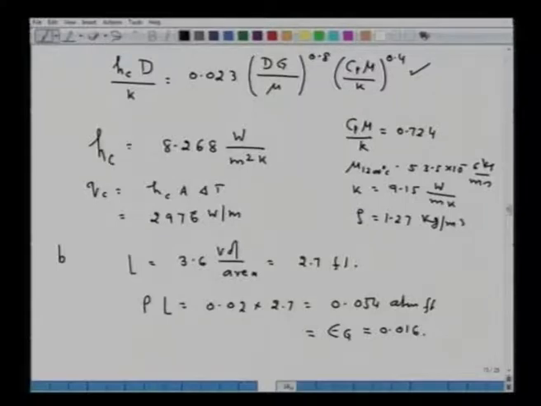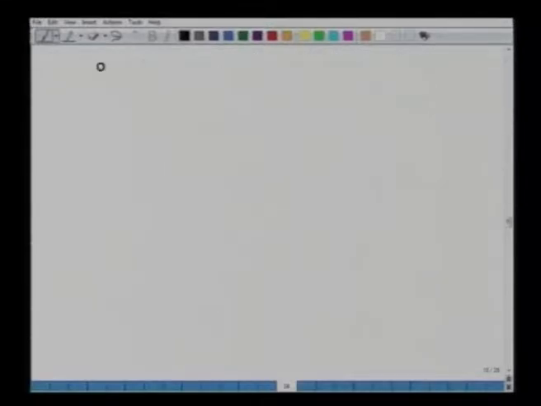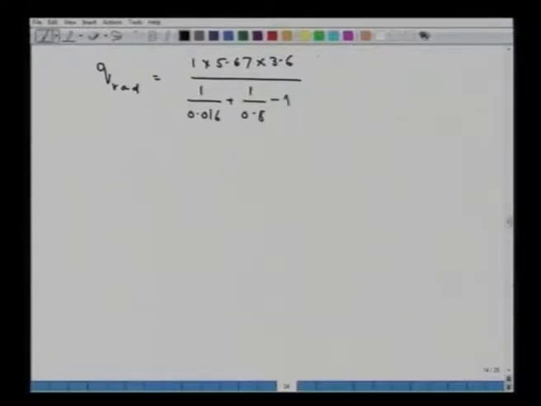So, what do I have to do now? I have to substitute now Q radiation as a formula which we have derived. I am not writing the formula, that is 1 into 5.67 into 3.6, which is the area, upon 1 upon 0.016 plus 1 upon 0.8 minus 1, into 14.73 raised to the power 4 minus 13.73 raised to the power 4.